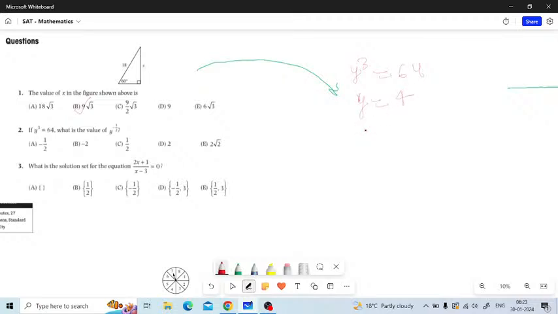Then you have to find y raised to the power minus 1 by 2. So 4 raised to the power minus 1 by 2 means 1 upon 4 raised to the power 1 by 2, means 1 upon square root of 4, that is nothing but 1 upon 2. So the answer is 1 upon 2, option C is correct right here.